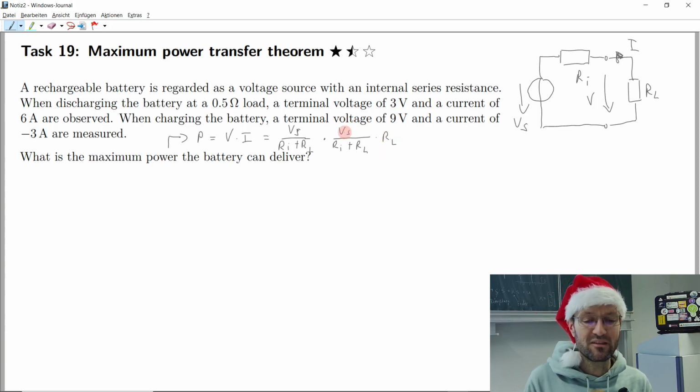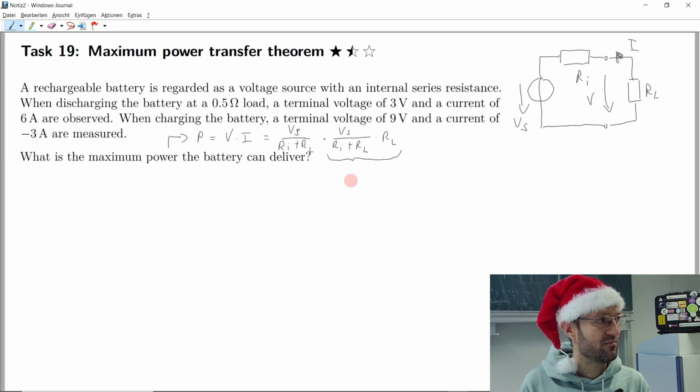So we get something like the source voltage multiplied with the load resistance divided by the total resistance. So this here at the end would also be the same as total voltage multiplied with partial resistance divided by total resistance.